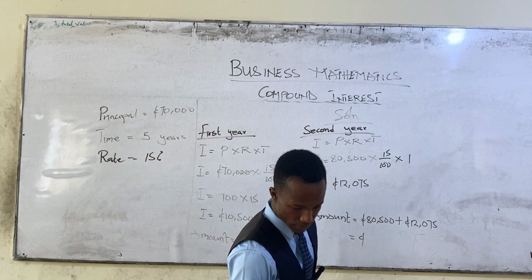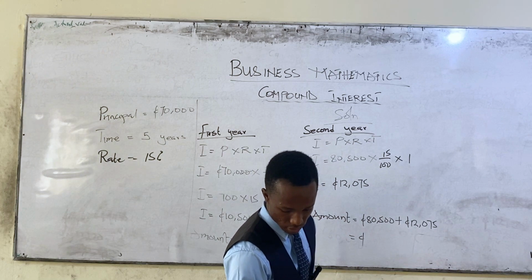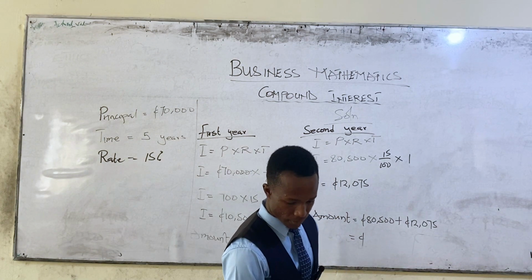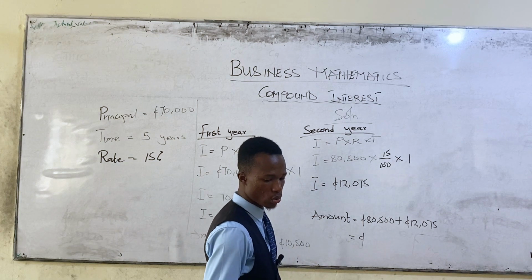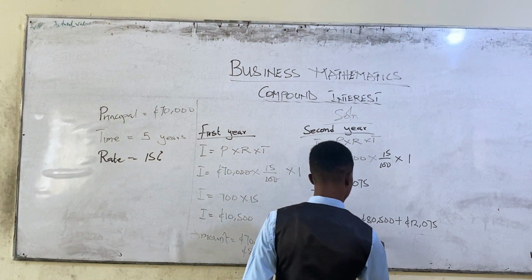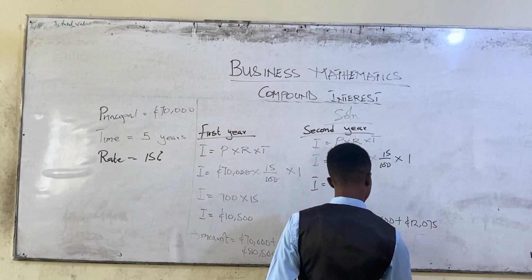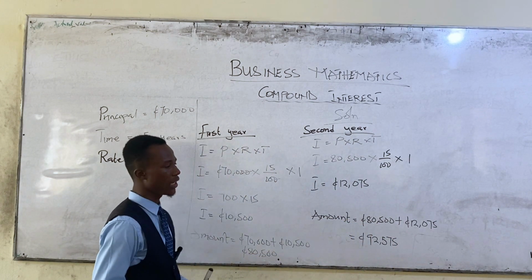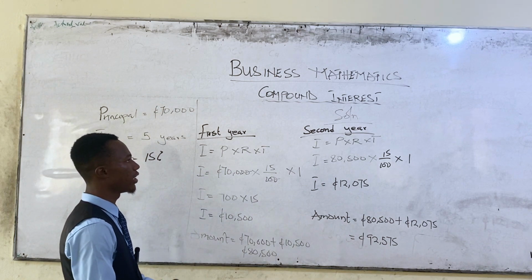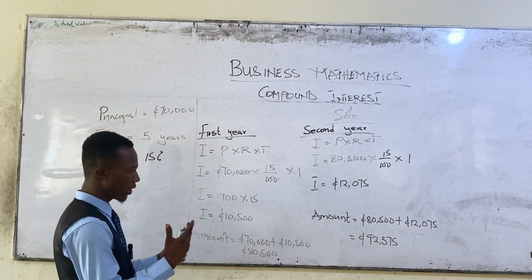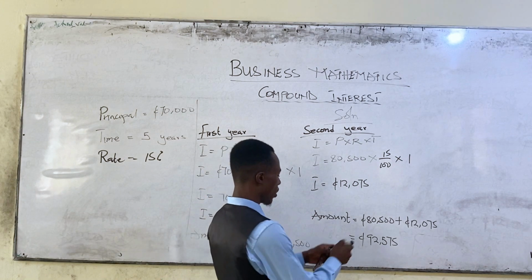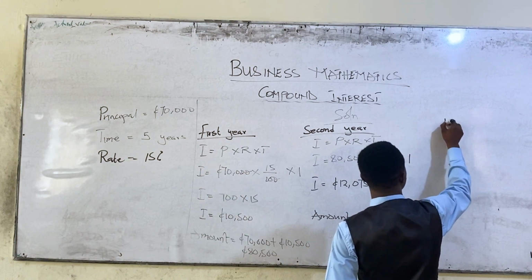So we have 92,575. This is our amount after the second year. So if we want to calculate the interest for the third year, we use this as our principal. So let's calculate the interest for the third year.